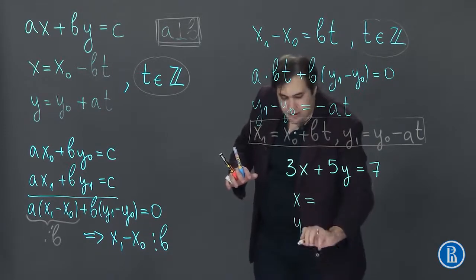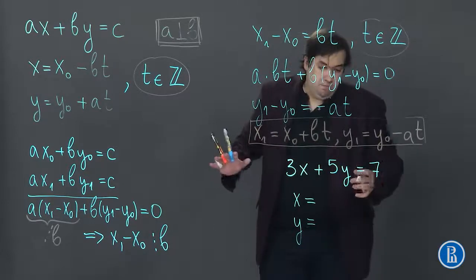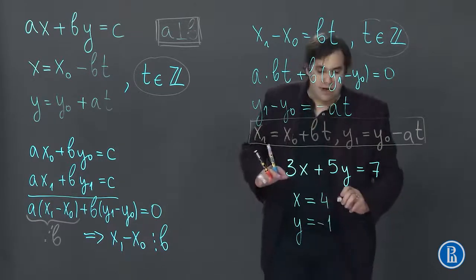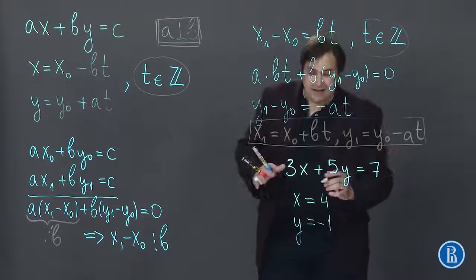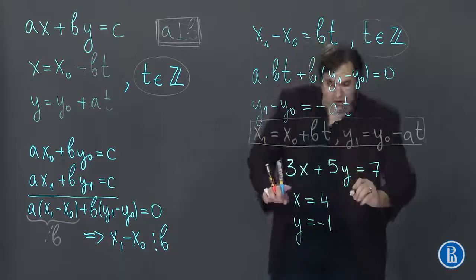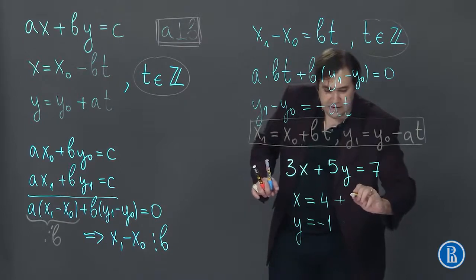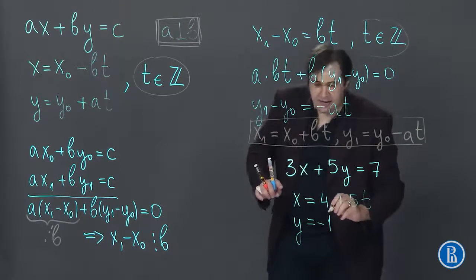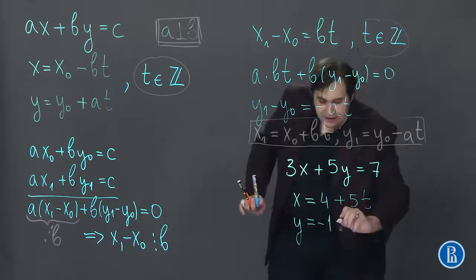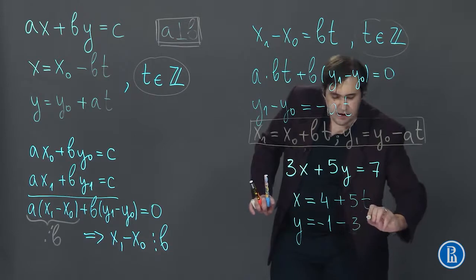And simply write it. For instance, we can take x equal to 4 and y equal to minus 1. And then we simply take the coefficient upon y into the formula for x and write 4 plus 5t, and take the coefficient upon x into the formula for y and use another sign, minus 1 minus 3t.